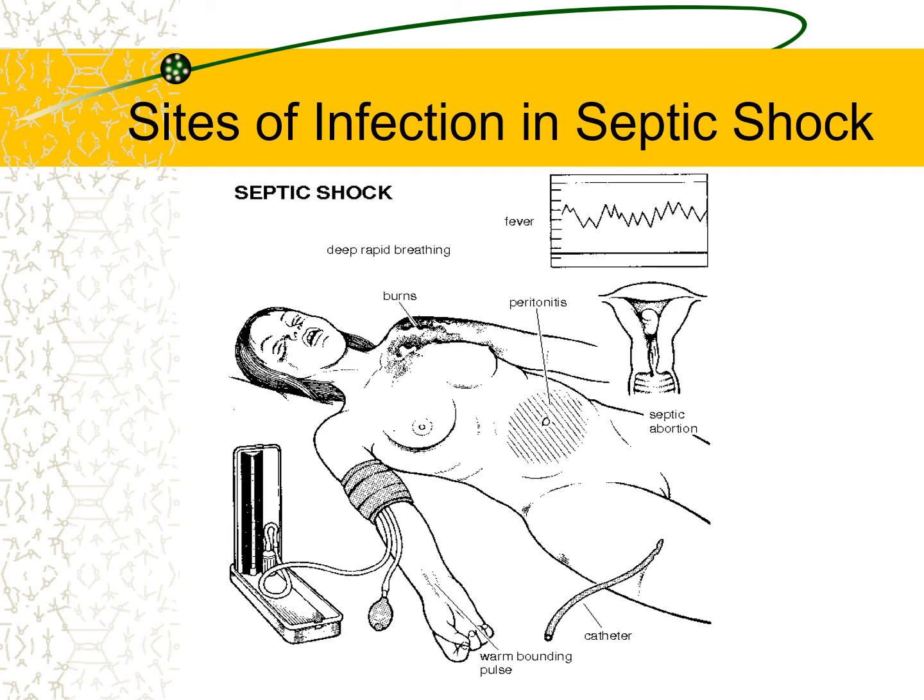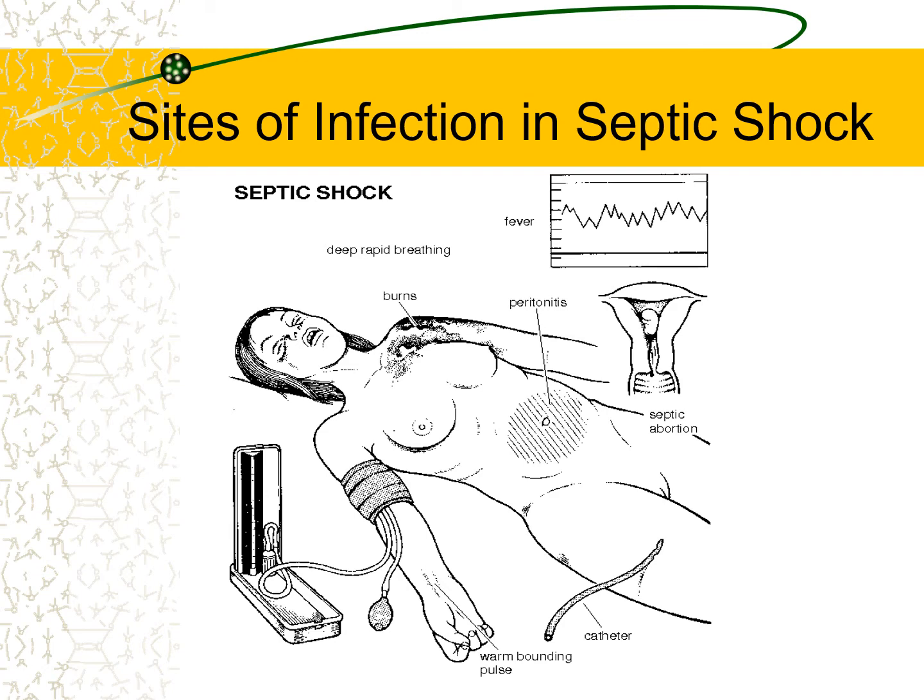The blood pressure is low. They have a fever, and the pulse is fast as well. So we need to suspect that a patient is in septic shock when they are already infected and they suddenly become severely ill and hypotensive.